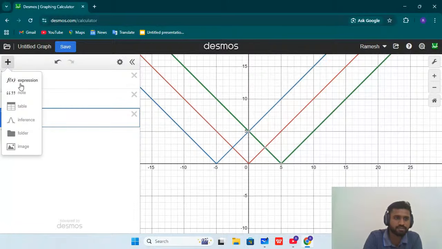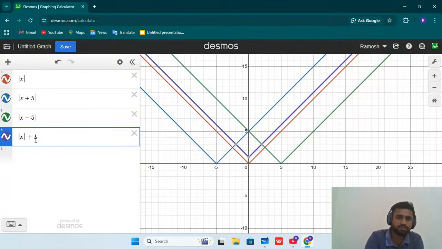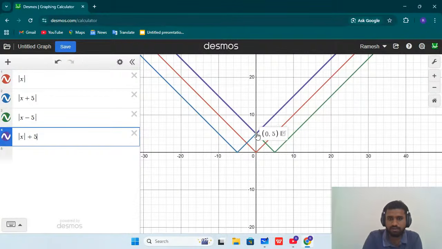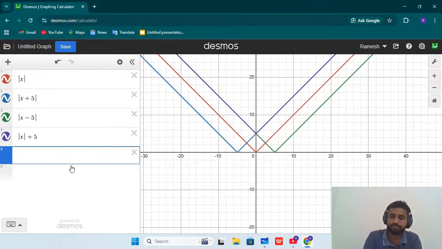One more expression you can take is mod x with plus 1 outside. This we have already seen through manual drawings, and now we are seeing it in Desmos. So this violet one is modulus of x plus 5. One more expression I will type for you: modulus of x minus 5.